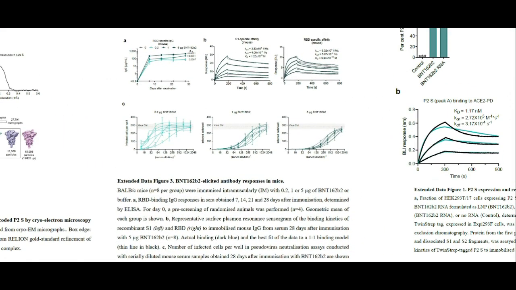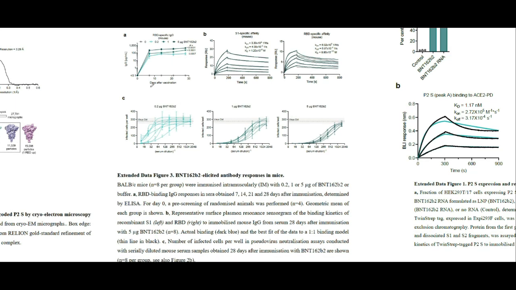And so what they were looking at is the receptor binding domain and IgG response. And so we can look down here at this key. So the RBD binding IgG response obtained 7, 14, 21, 28 days after immunization, determined by ELISA.